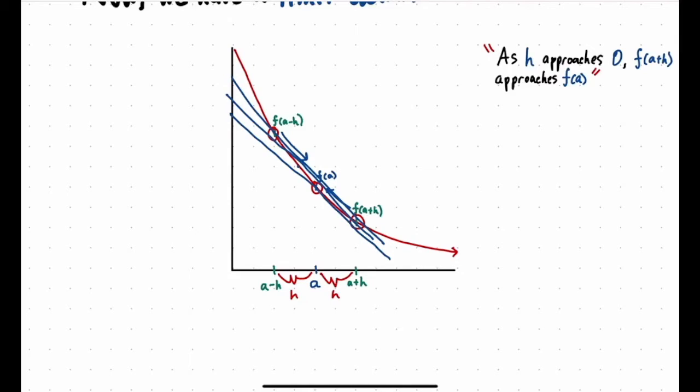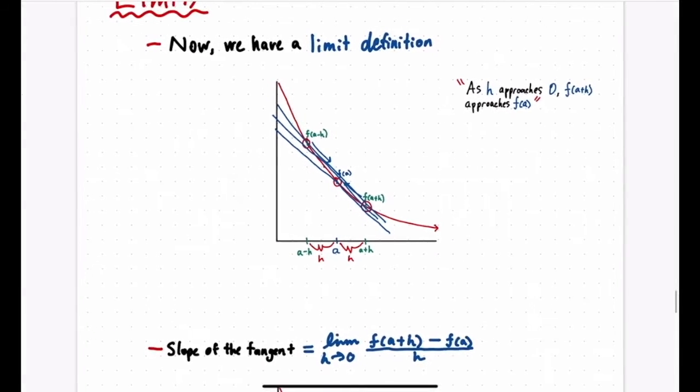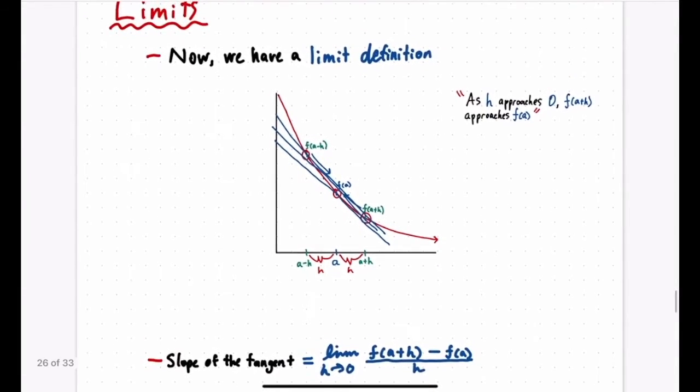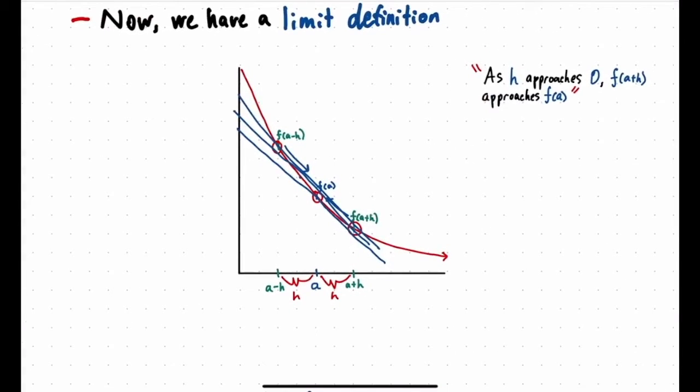So because these f at a plus h's are getting closer and closer to f of a when h approaches 0, we can assume that if we were to imagine a world where we could calculate it directly at f of a, that would be the slope of the tangent line. So we call this the limit.